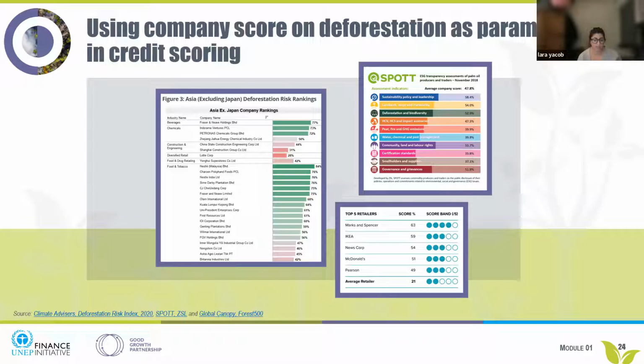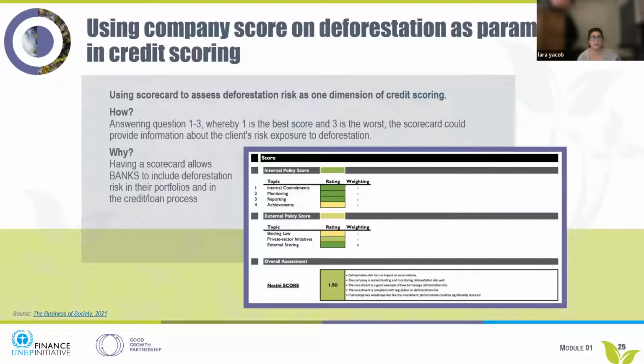And these examples give an idea of how NGO tools can apply values to different risks. And it allows financial institutions to then compare companies before investing in them. And so these scores can then be used to create a deforestation risk adjusted return for a bank. Next slide, please.